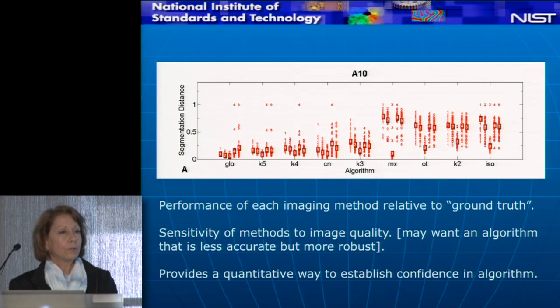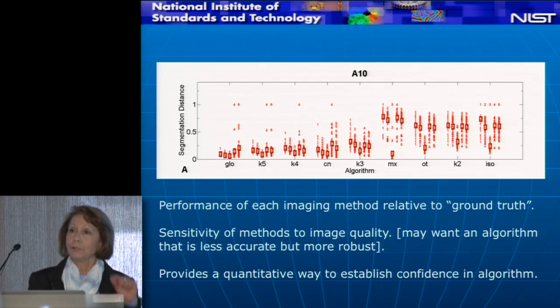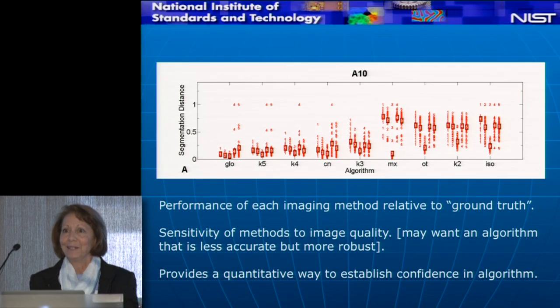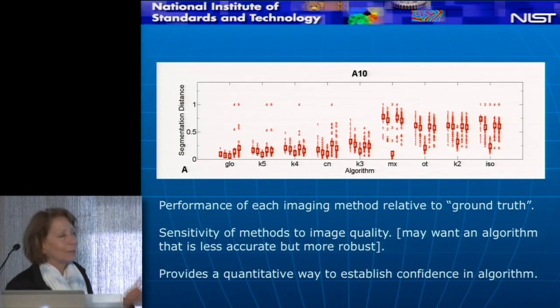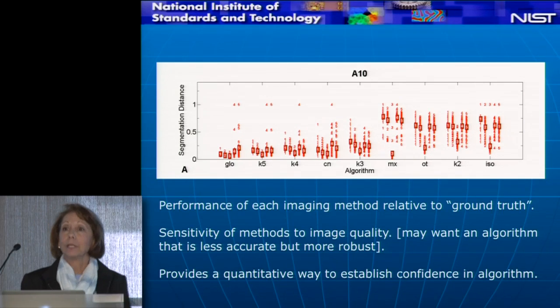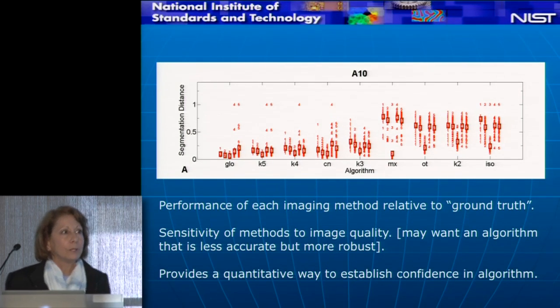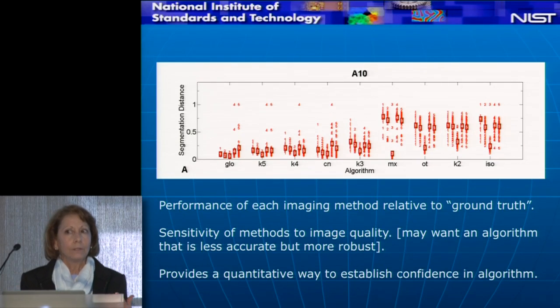If it's more important to you to be consistent than it is to be accurate, and you know that you're going to have images to analyze that are not always going to be under the best acquisition conditions, you might choose something that isn't always quite accurate, but is invariable in terms of its quality over different imaging conditions. It's just a way of analyzing how your measurements are working, so that you get what you need in terms of confidence in the measurements that you're making.